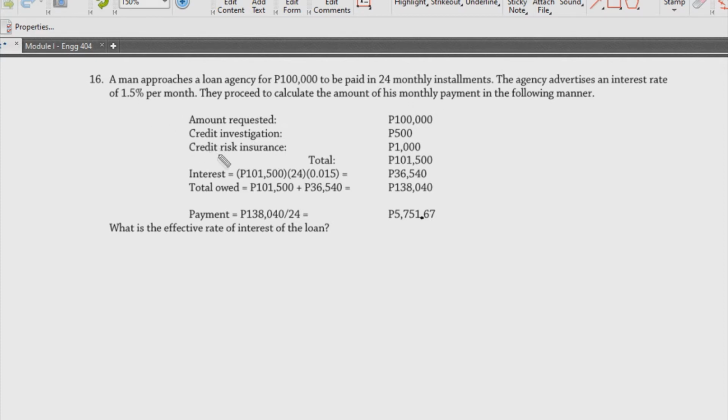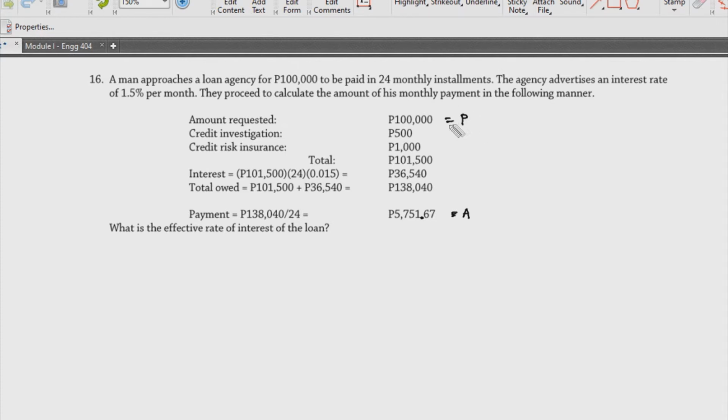Now, the question is, what is the effective rate of interest of the loan? In short, ano ba talaga yung binabayaran natin dito sa ating loan na ito, given that we already have this annuity, okay, na 5751.67 per month, and then ito yung ating starting balance na 100,000.